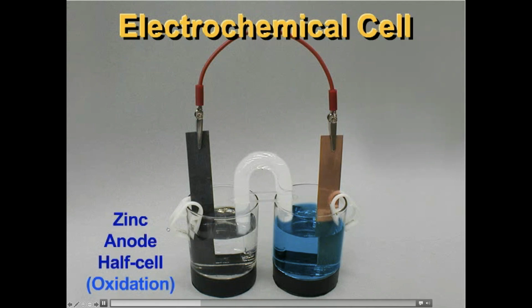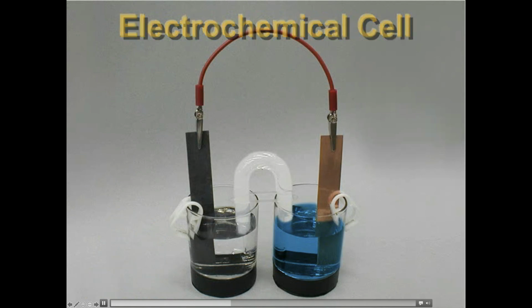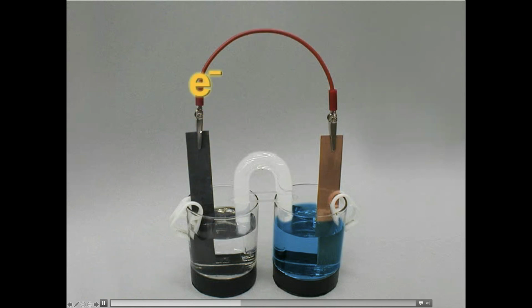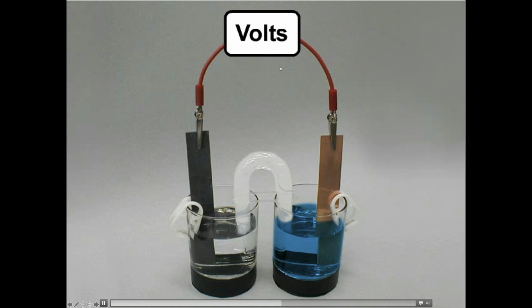So the zinc anode is going to lose electrons and turn into zinc ions. The electrons will go through the wire and through the measuring device, the load that we'd plug in here. Here's a load measuring volts. Or perhaps you can even measure the amps if you want to measure the current.